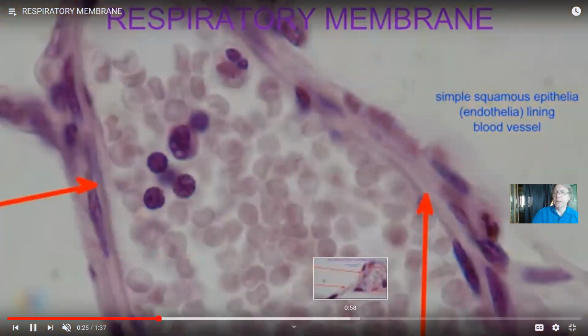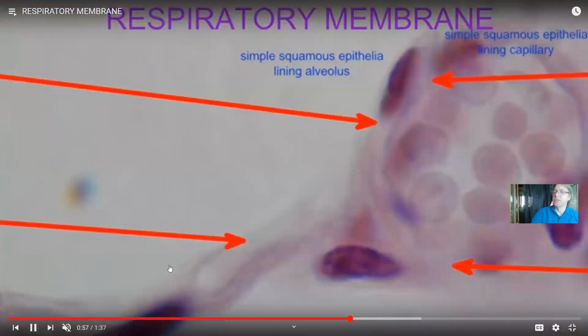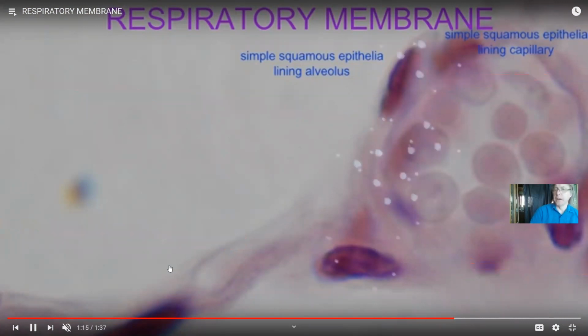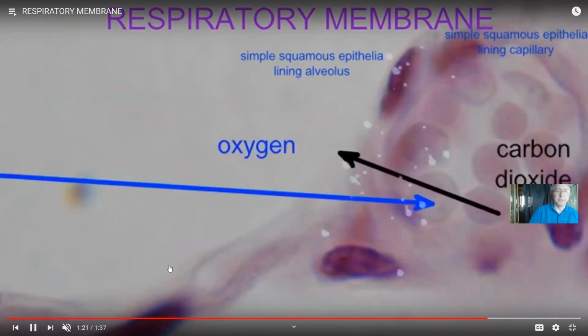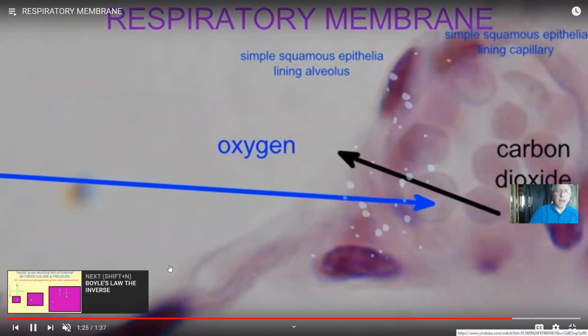So even though blood and air don't mix, because the blood tube, the capillary, is lined by simple squamous epithelium, and because this air sac is lined by simple squamous epithelia, the blood and the air come so close to each other that oxygen from the air sac can diffuse into the blood, and carbon dioxide from the blood tube can diffuse into the air sac.